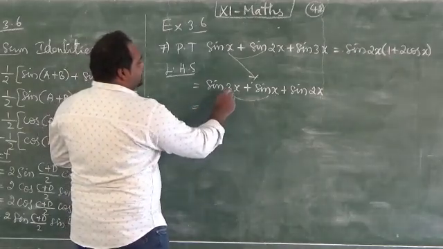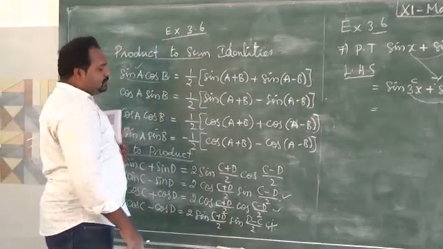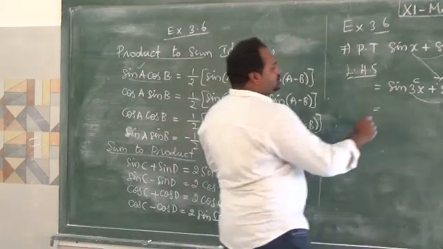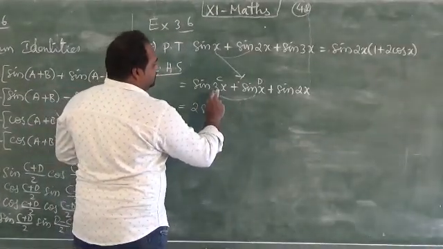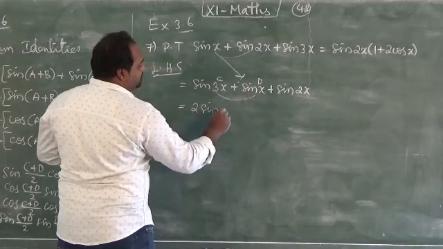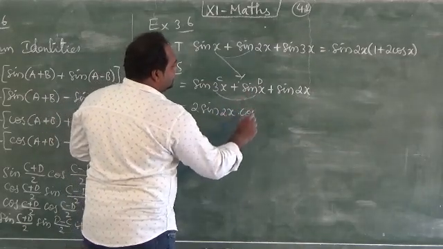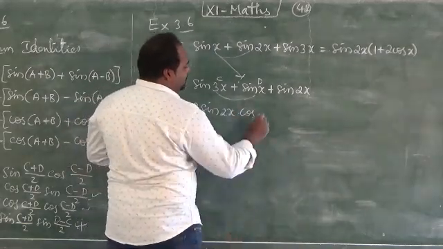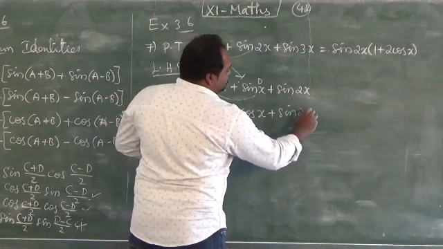Okay, now this is C, this is D. Sin C plus sin D formula, 2 sin (C plus D) by 2 cos (C minus D) by 2. 2 sin (C plus D), 3x plus x, 4x by 2 is 2x, into cos (C minus D), 3x minus x, 2x by 2, it is x, plus sin 2x.